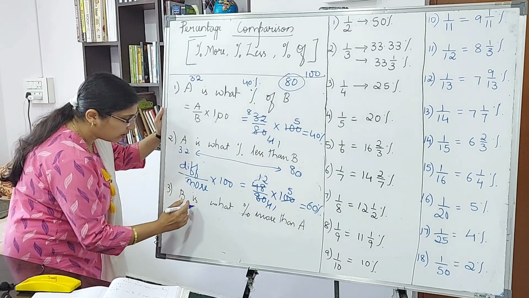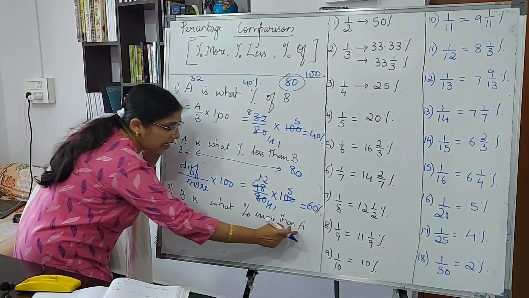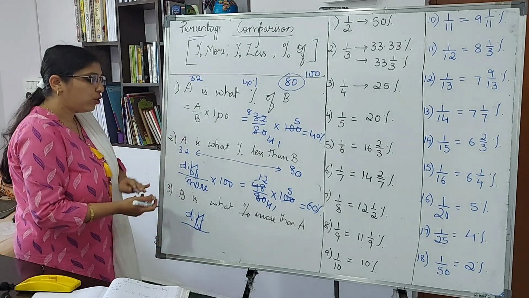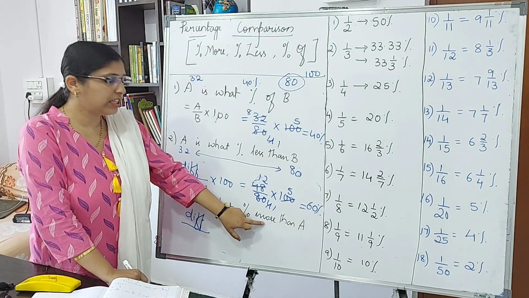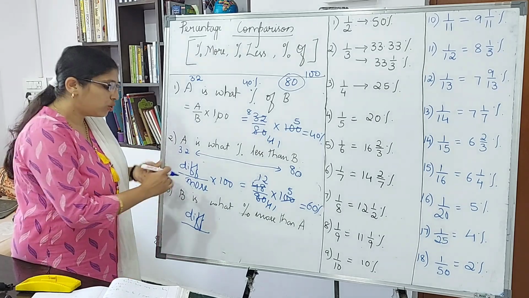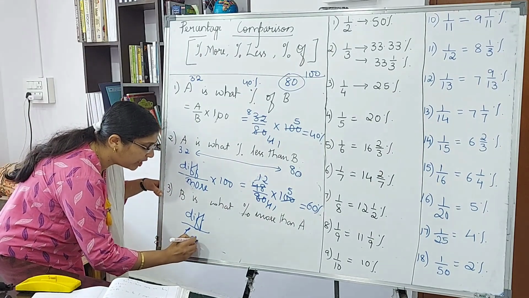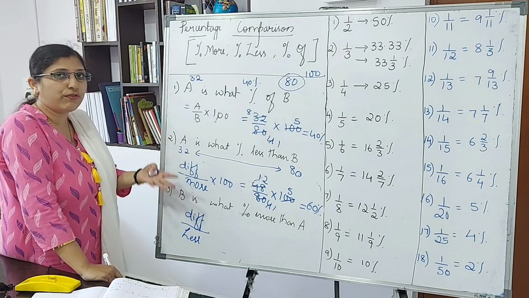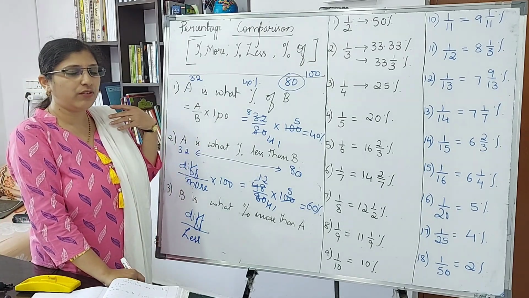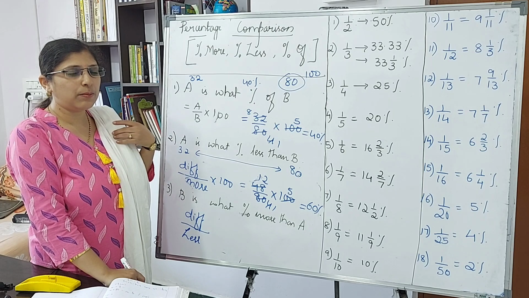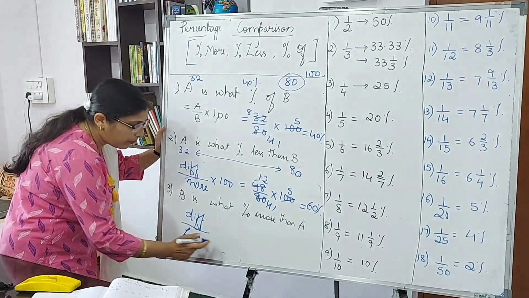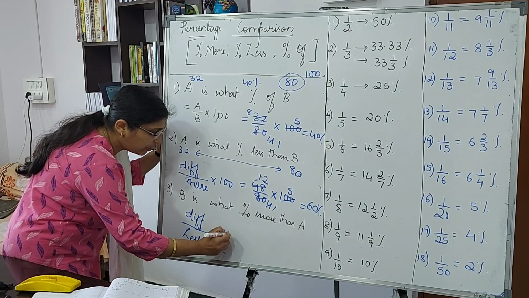Now again take the difference of B and A. Now divided by, when something is more and you compare it with less, we say that it is more, isn't it? So the less will come in the denominator. If that person is eating 3 and I am eating 5, I know that I am eating more when I am comparing with the lesser thing, isn't it? So the less will come in denominator, into 100.